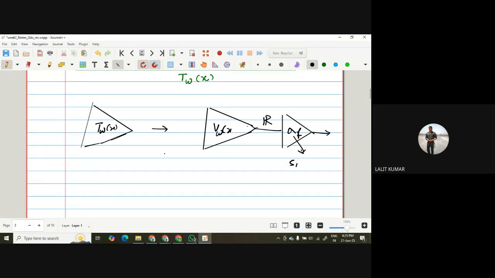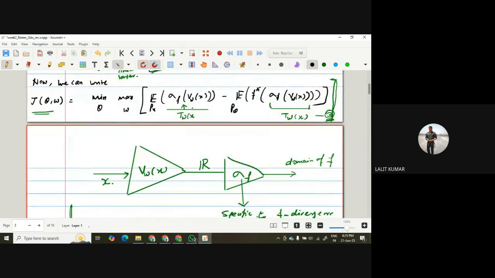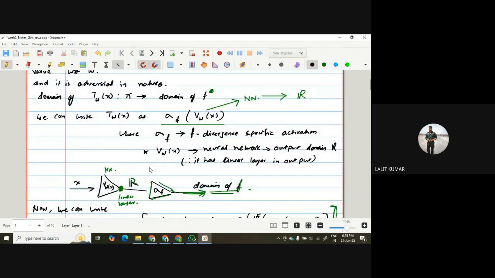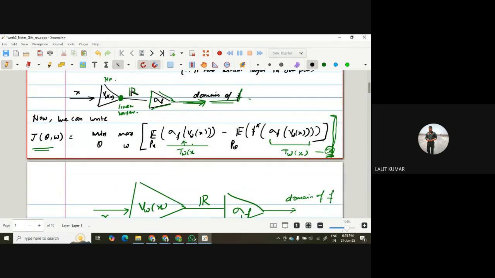This sigma_f is specific to your f-divergence. In week 1, we had seen different types of f-divergence. So this is a generic equation, and in it we just replace T_w(x) with this. So we got this, which is the standard VDM.